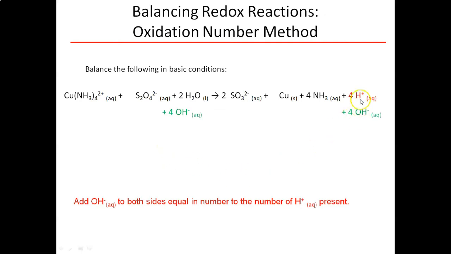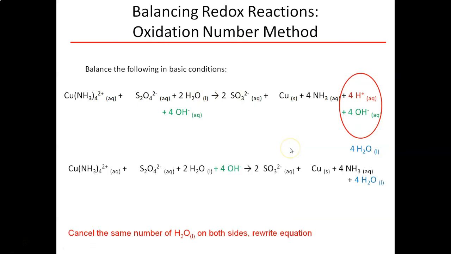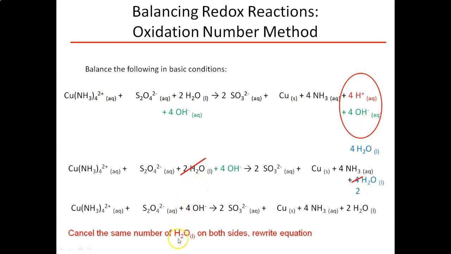Now we know that these protons and these 4 hydroxides are going to come together and form water. And now I have waters on both sides of my reaction, so I can reduce my waters. Okay. And then finally I can just rewrite my equation.